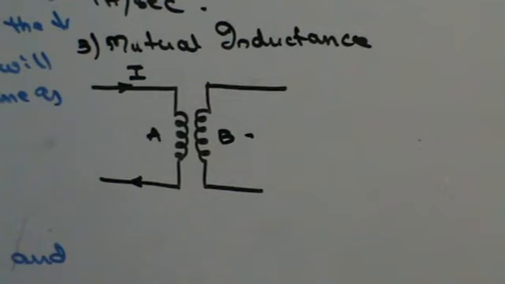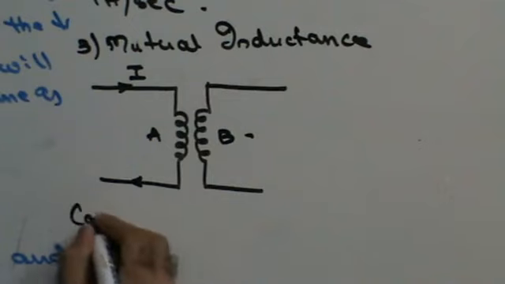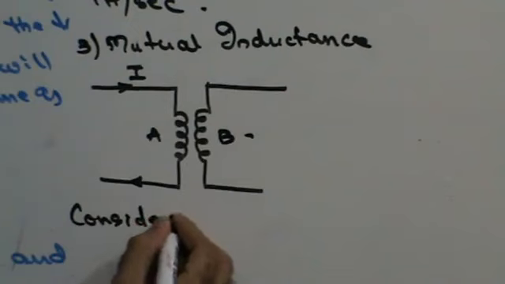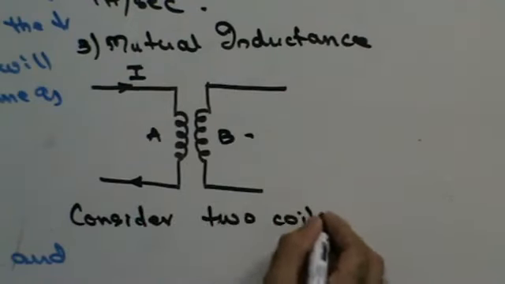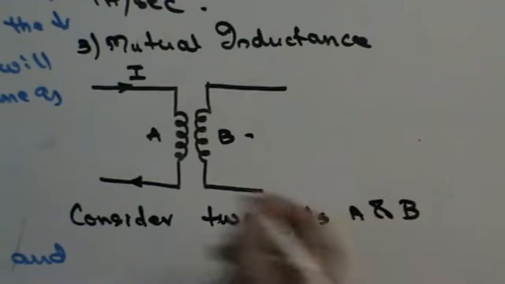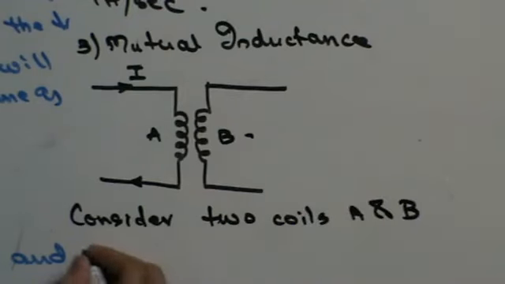Let's write this down. Consider two coils A and B placed near each other.